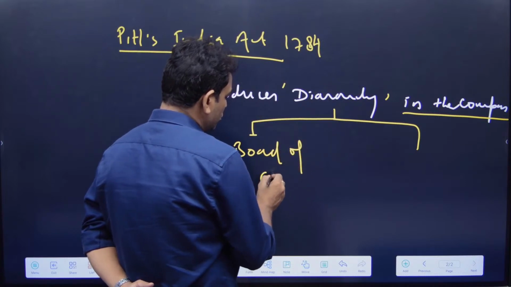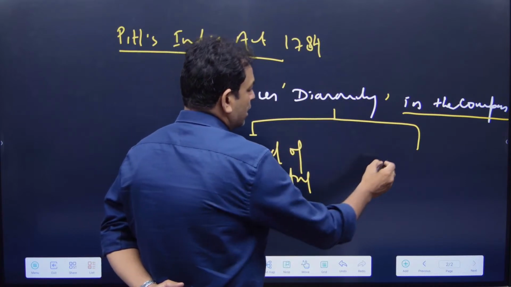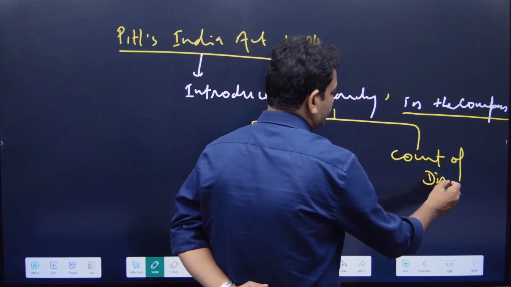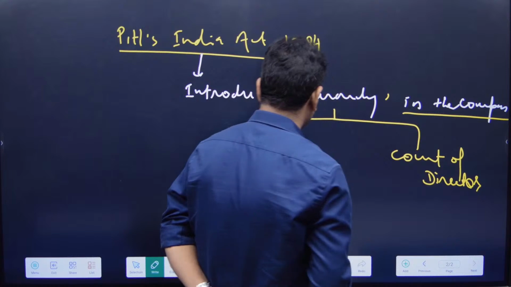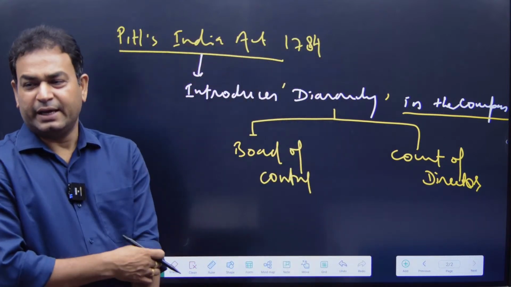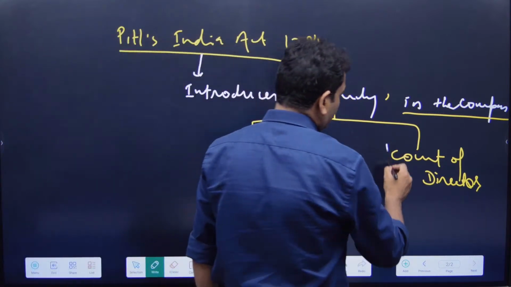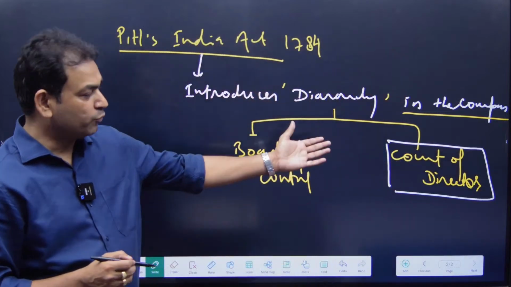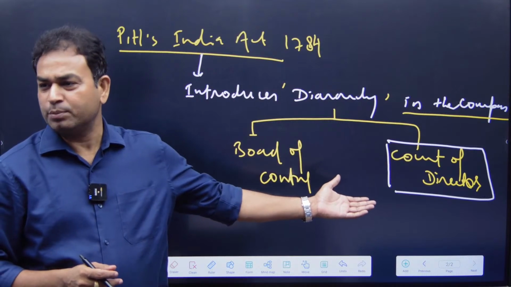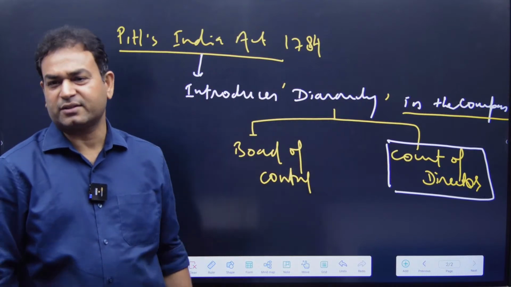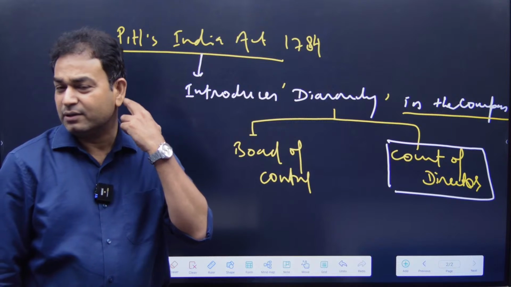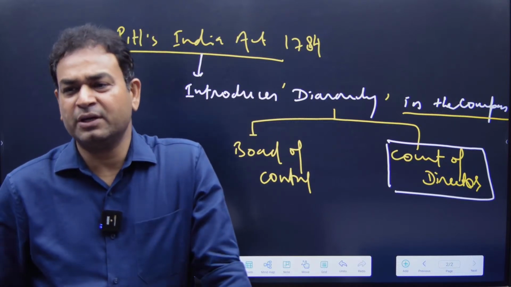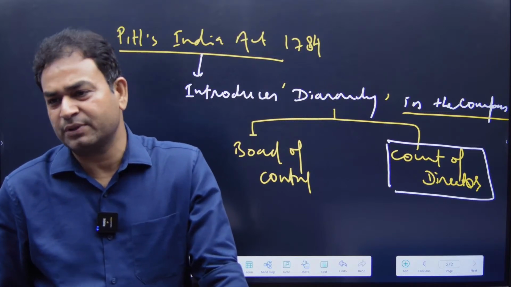Board of Control and Court of Directors. Two institutions. Initially, everything was governed by Court of Directors. It was the supreme body of the company, Court of Directors, and they were managing all the political, economic, financial affairs of the company.